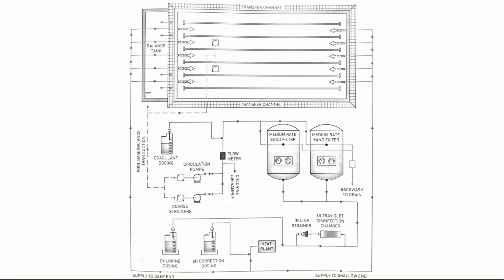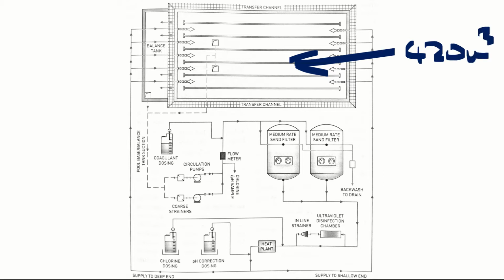So if you had, for example, 420 meters cubed of water, how long would it actually take for 420 cubic meters to come out of the pool, through the circulation pumps, through the filters, through the UV system, through the heating, and back to the pool?